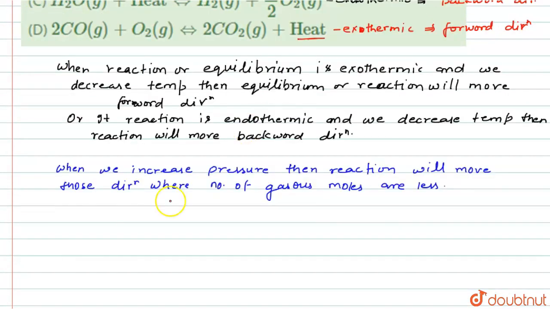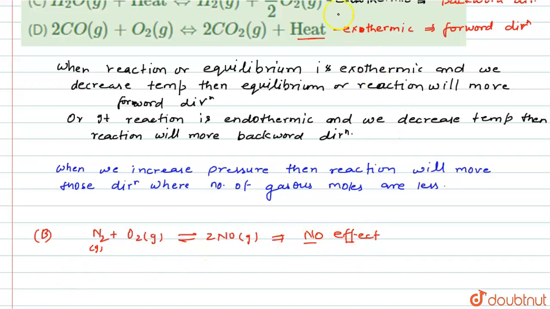N2 plus O2, both gases, gives 2NO. The number of moles of reactants and products is the same, so when we increase pressure, there is no effect.